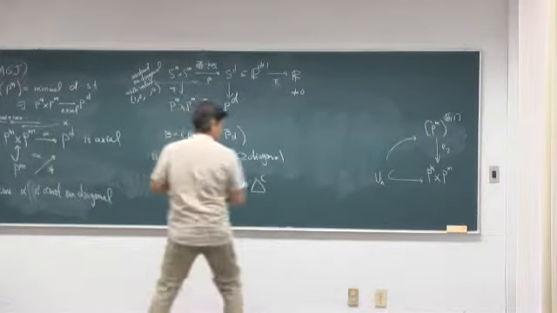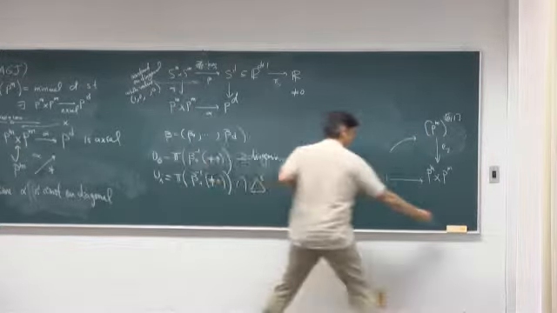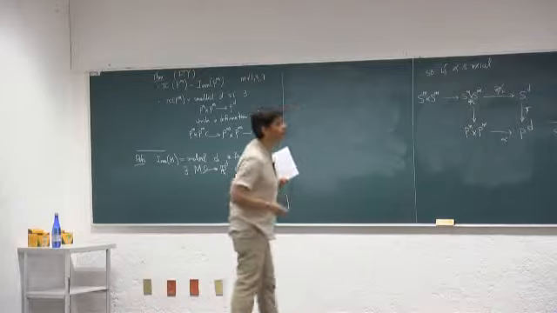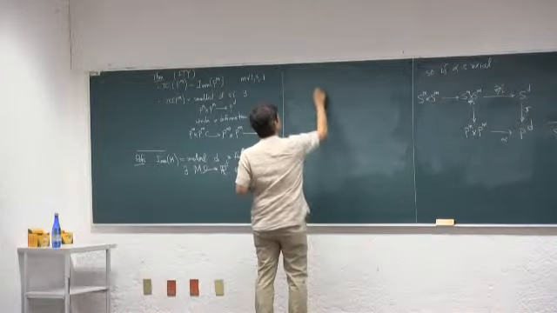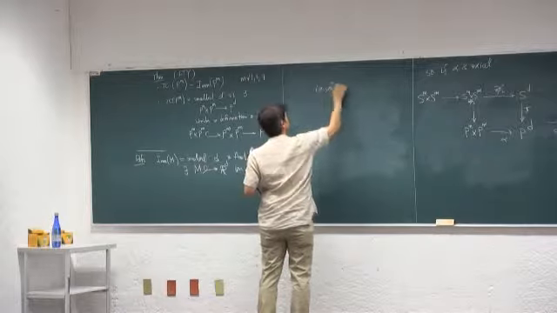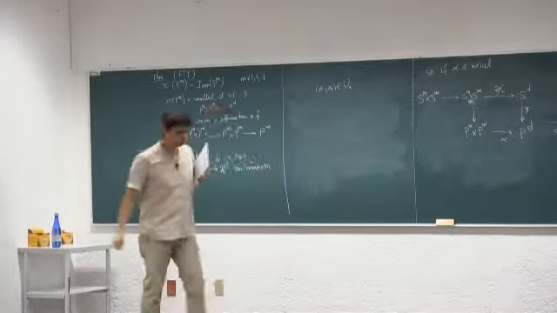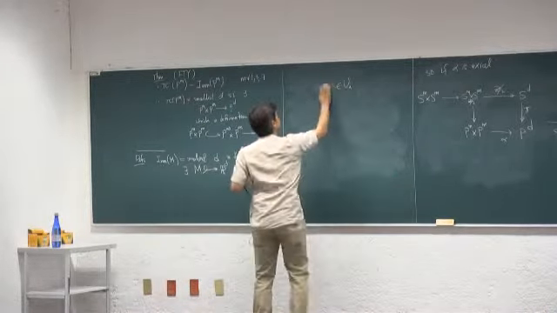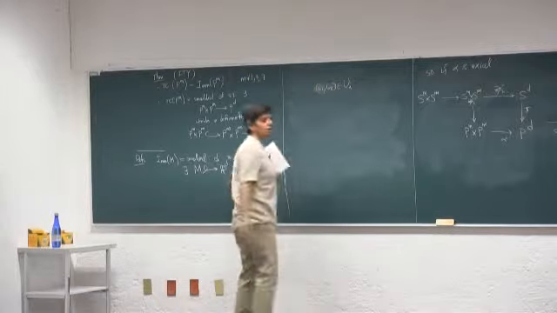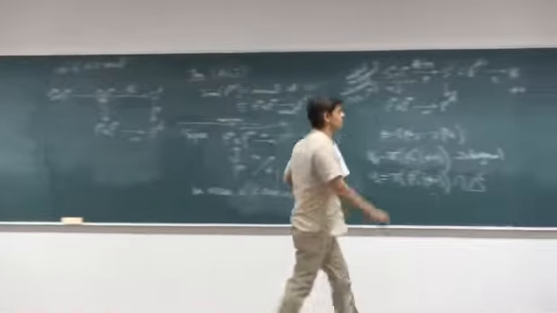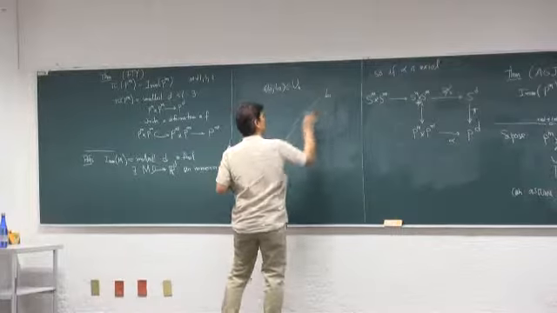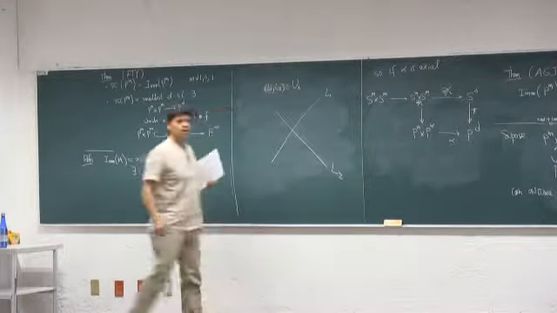Now, what's the situation here? Suppose you take L1, L2 in U_i. So you have a pair of lines. They look like this: you have here L1, you have L2.